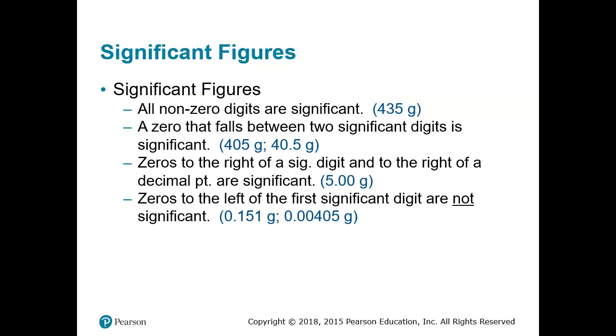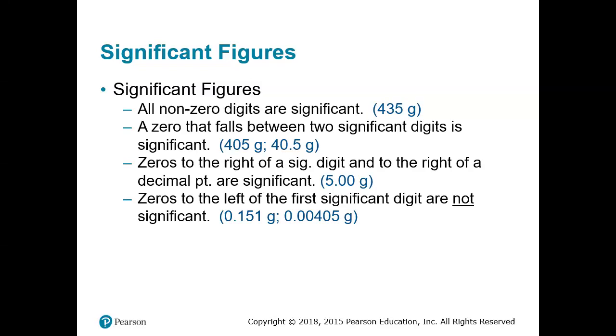But if they come before a non-zero digit, they're not significant. So this zero that starts 0.151, it's not a significant digit. The zeros that precede the 4 in that second measurement, they're not significant either.